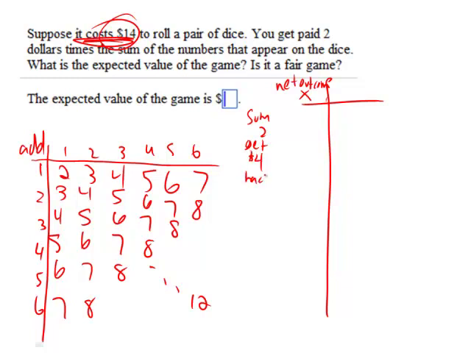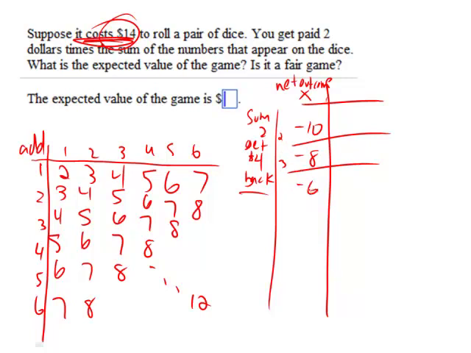So the net outcome would be that you lose 10. If your sum is 3, you're going to get $6 back. You're going to be losing 8. Sum is 2, sum is 3, and so on. There'll be a pattern that you'll see.